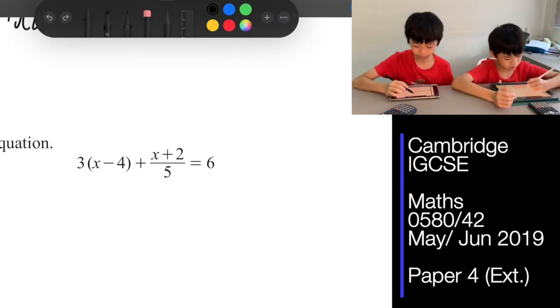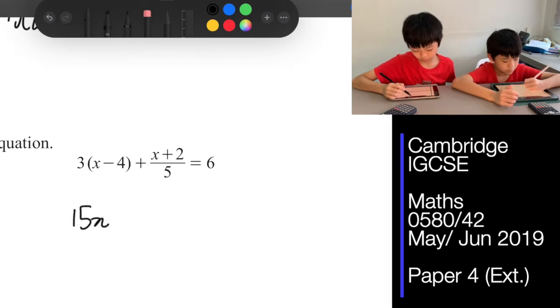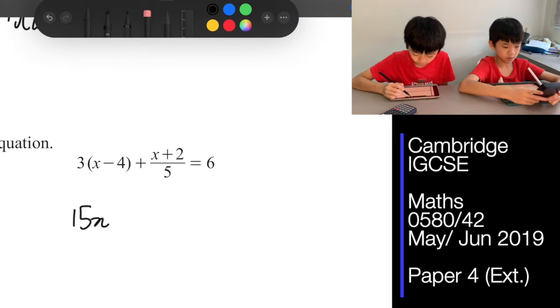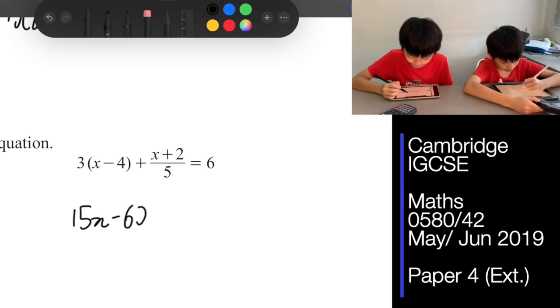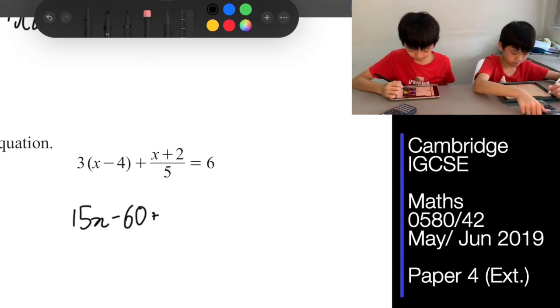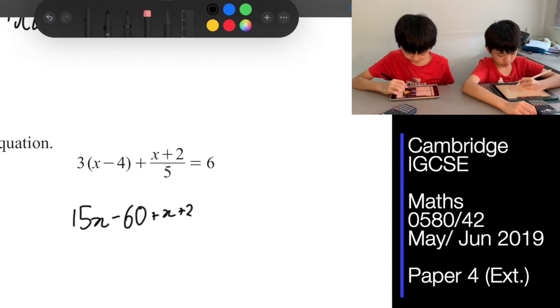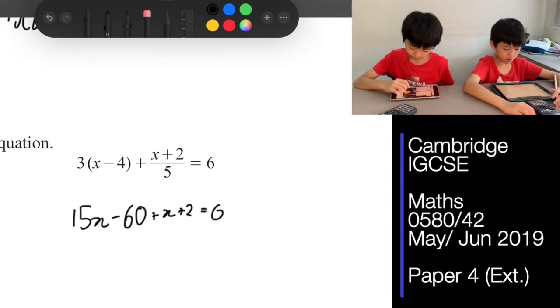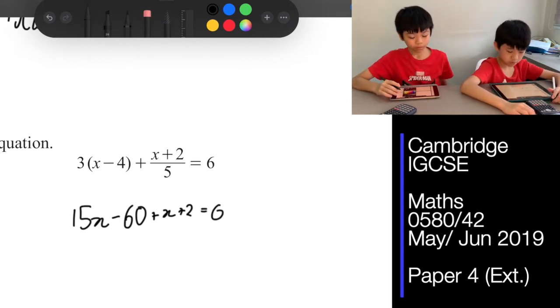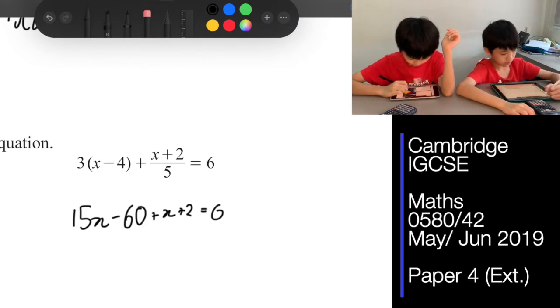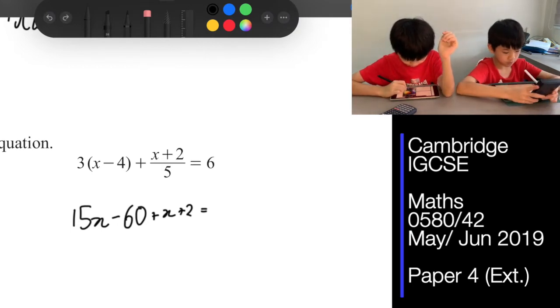So 15 times x is 15x, 15 times negative 4 would be negative 60, plus x plus 2 equals 6 times 5, which is 30.